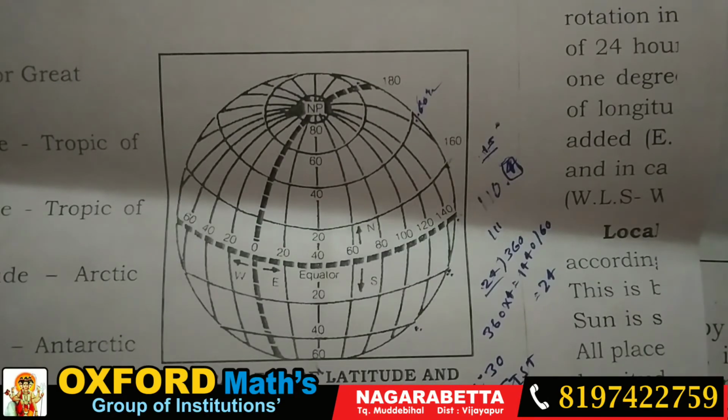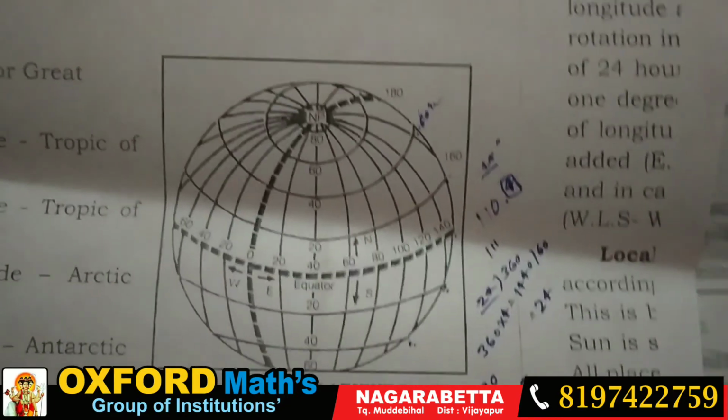The land surface is divided into time zones. The whole globe is divided into 24 such time zones, so one zone is 15 degrees. Large countries like Russia, USA, Canada and Australia have vast longitudinal extent, therefore they have different zones. Russia has 11 time zones, USA has 5 time zones, Australia has 3 time zones.